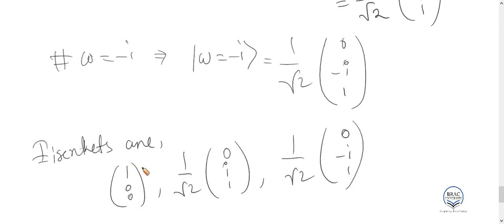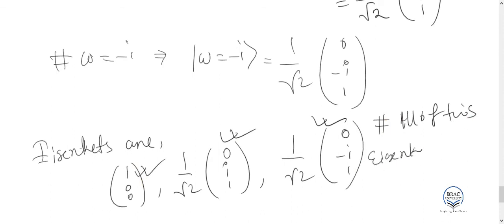And you can check that all of these eigenkets slash eigenvectors are orthonormal or orthogonal to each other. So why am I saying orthonormal or orthogonal? Because in either way, the inner product between them is 0.